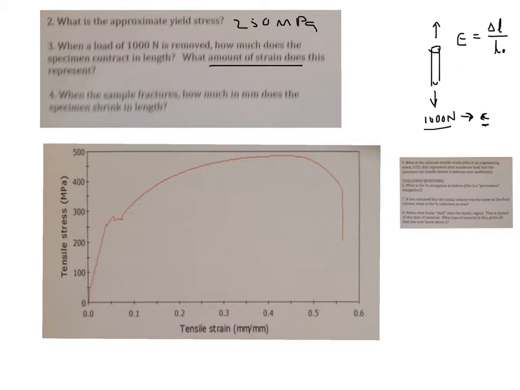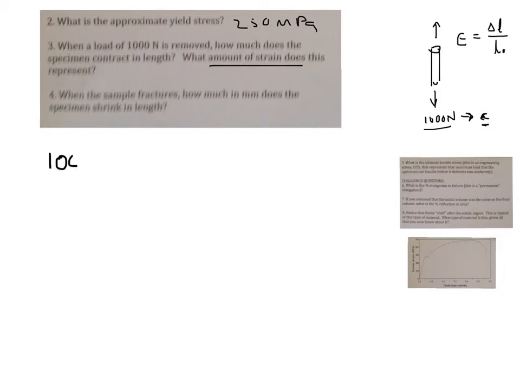I'm going to get rid of this guy over here. Okay, we have a stress of 1,000 newtons divided by the area, which is pi times 5 times 10 to the negative 3 meters squared.